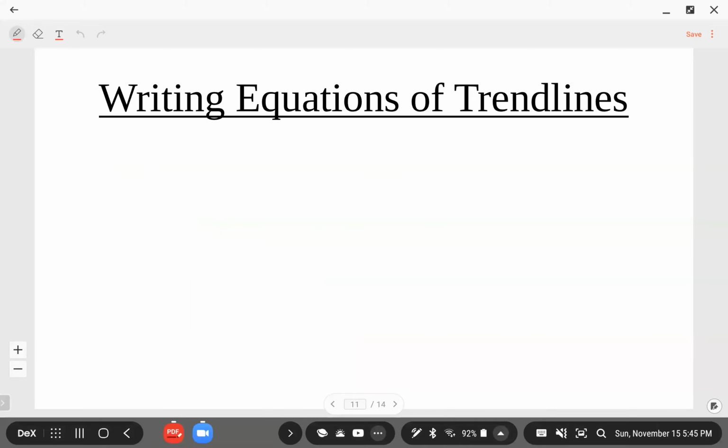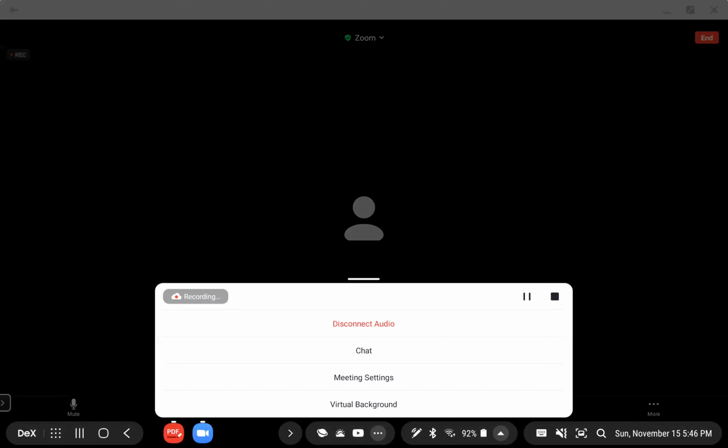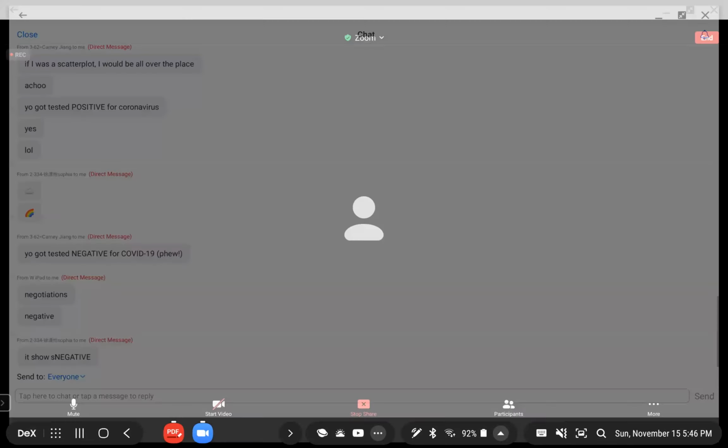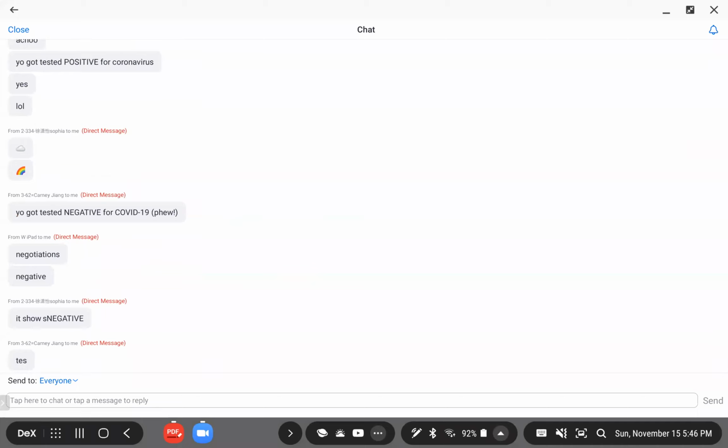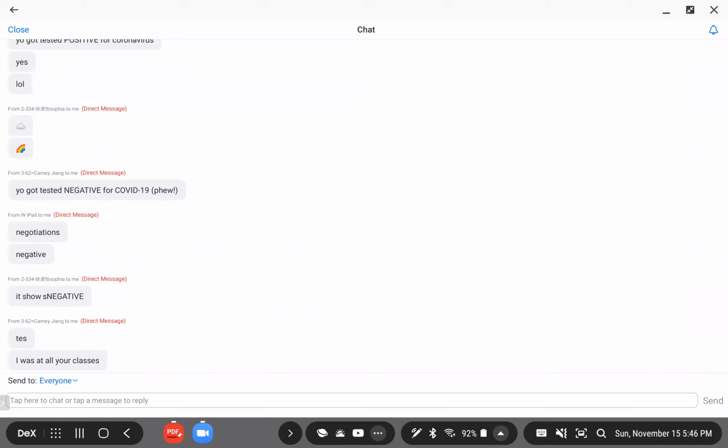Very good. So now let's start writing equations of trend lines. I need to ask everyone, does everybody know about point slope form and slope intercept form? Okay, very good, Carney.